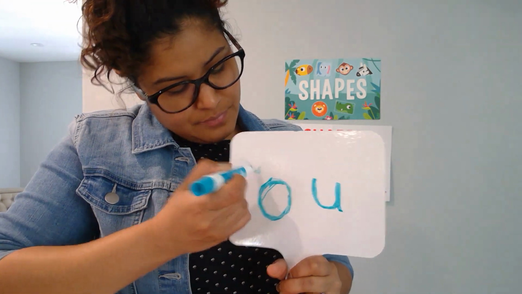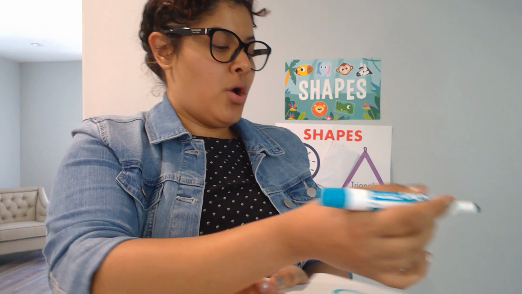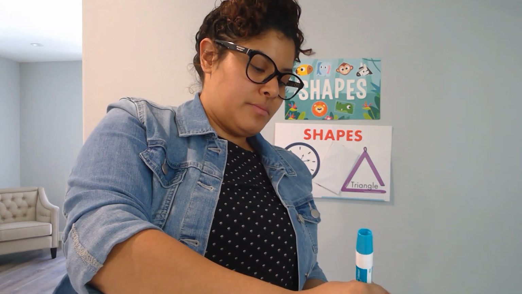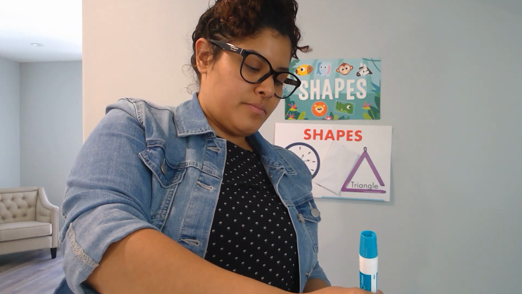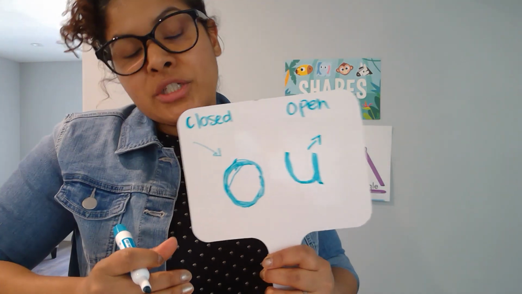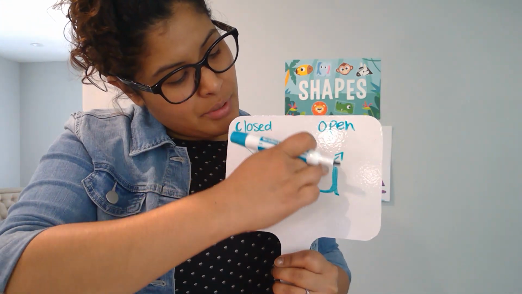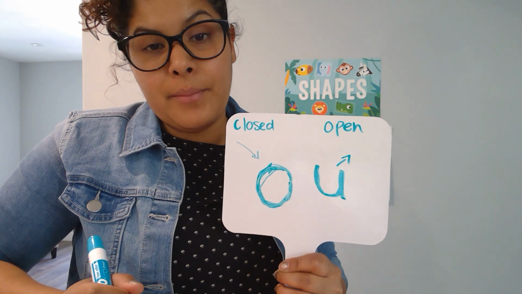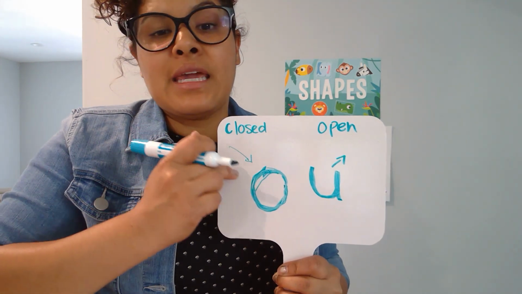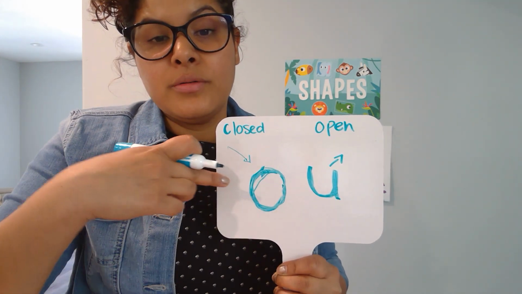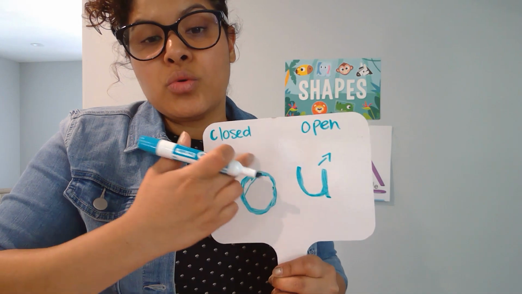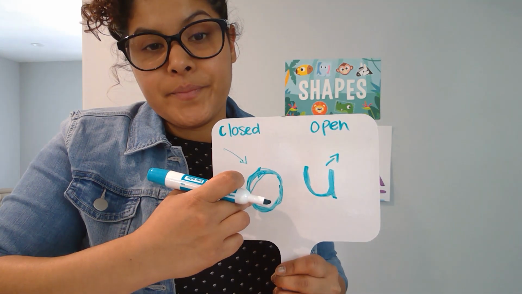This is an unclosed shape, and my U is an open shape. If I needed to, I can put something in this shape. Nothing can go in here in the middle because it is a closed off shape.